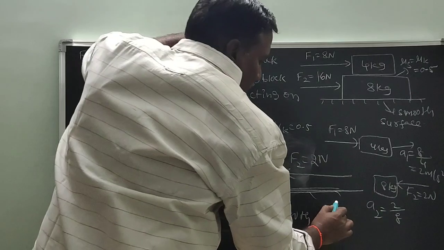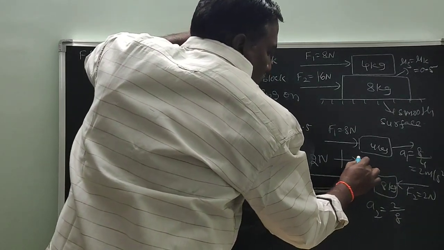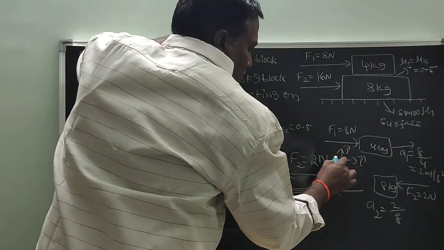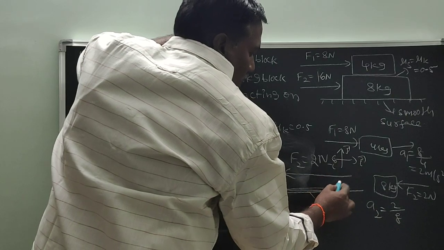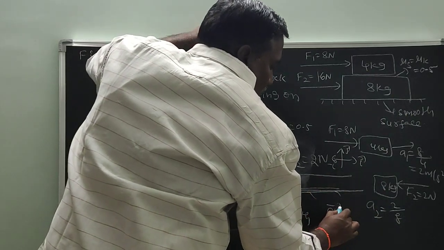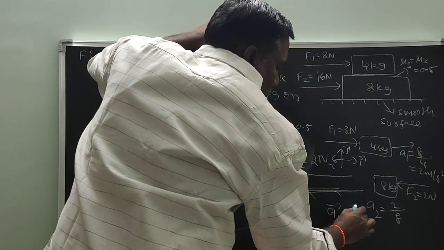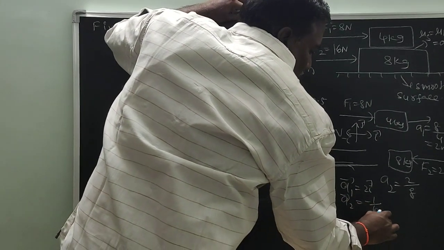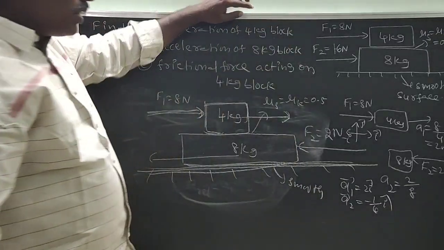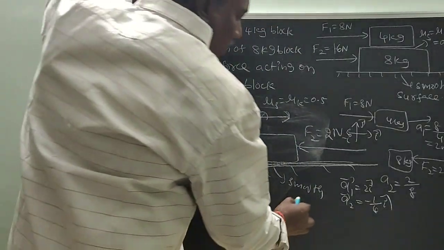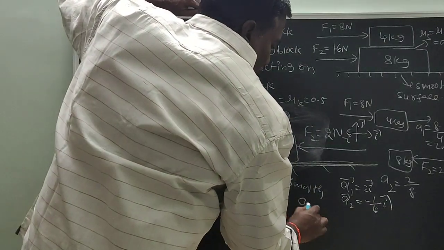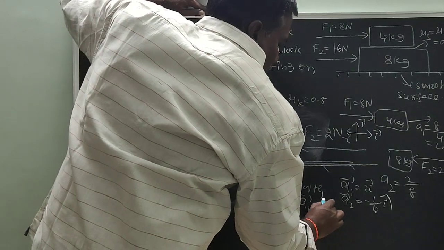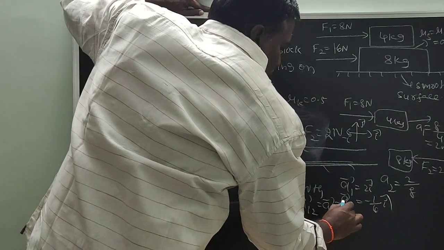In vector form, take this as i cap, this as j cap, and this as minus i cap. A1 bar is equal to 2 i cap, A2 bar is equal to minus 1 by 4 i cap, because it is in the opposite direction. The acceleration of 1 with respect to 2, A12 bar, is equal to A1 bar minus A2 bar.